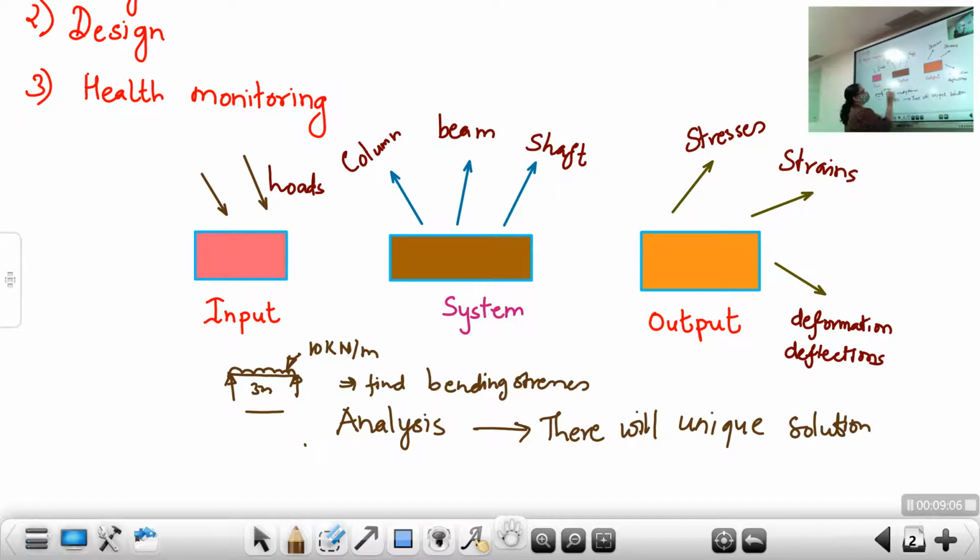You want to design this system. The dimensions, the material, you don't know anything. You just want to design the system, whether you design a column, a beam, or a shaft.